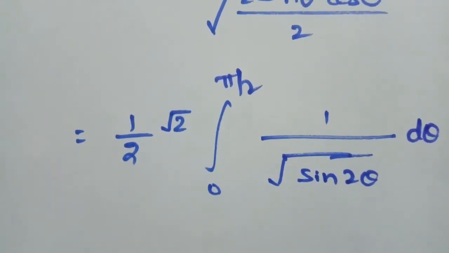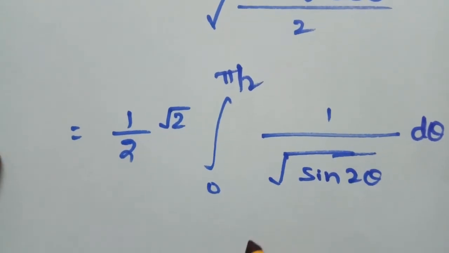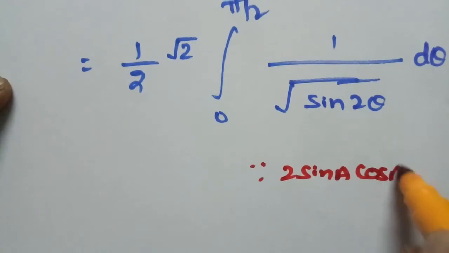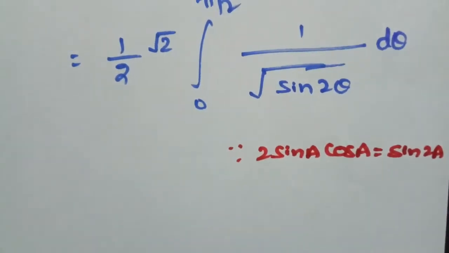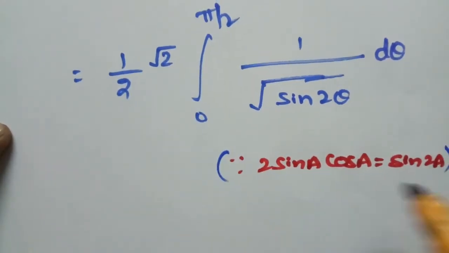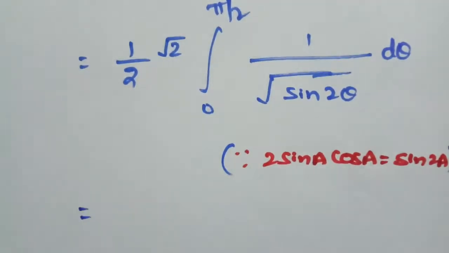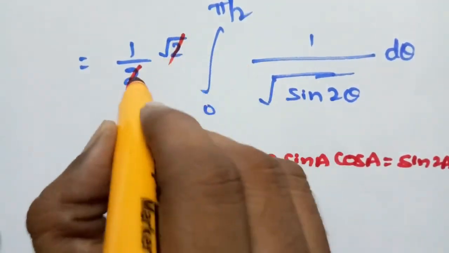Sin 2 theta. This is the formula, since 2 sin A cos A is equal to sin 2A. This is the basic formula we used here. Therefore, this is equal to, now here the 2 and the square root of 2 get cancelled.